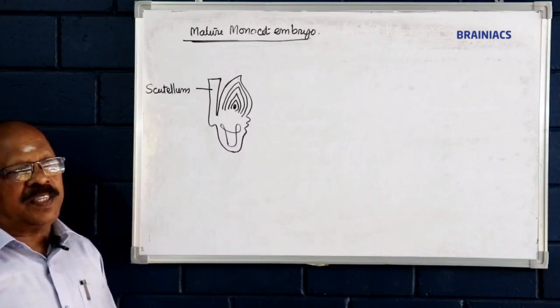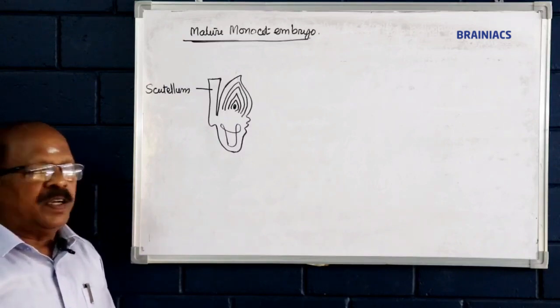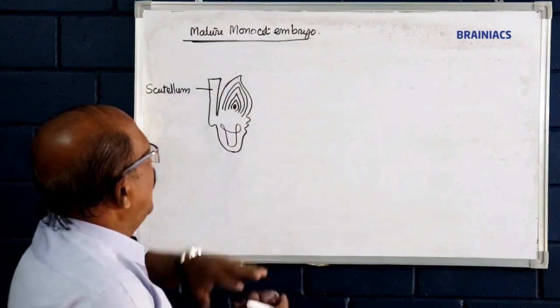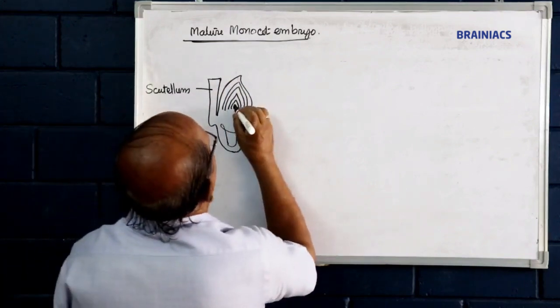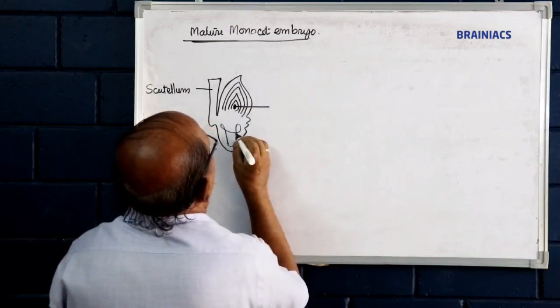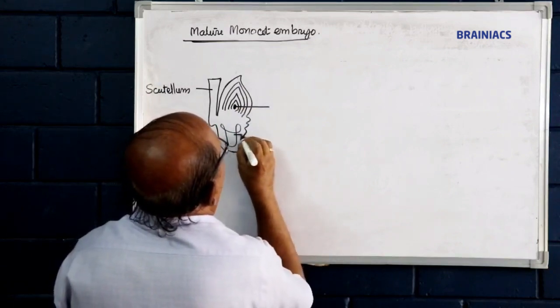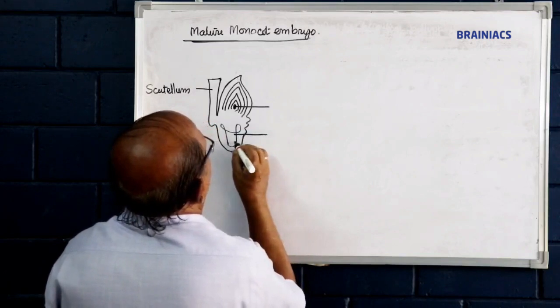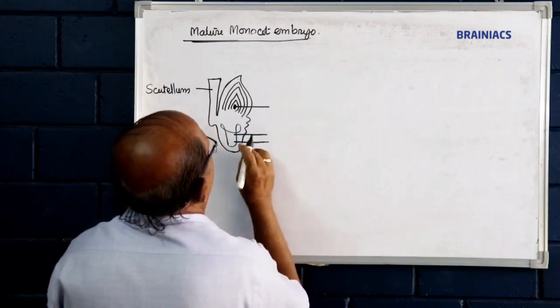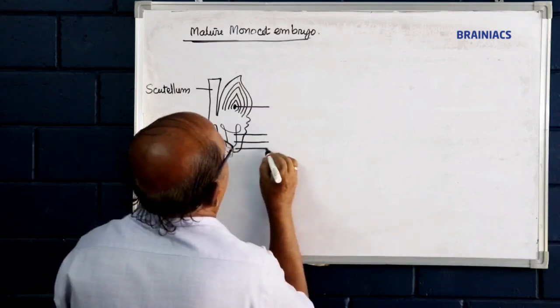It is towards one side of the embryo, and the embryo is having plumule, radicle, root cap, coleorhiza.